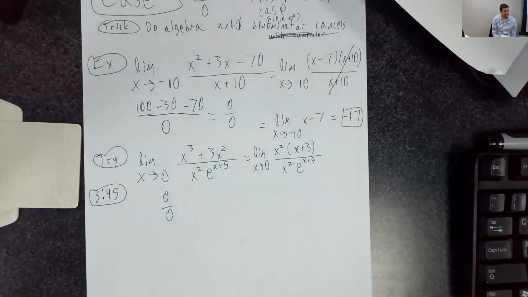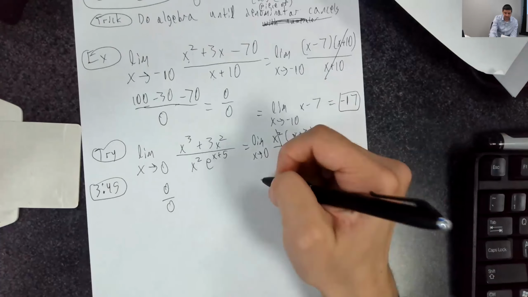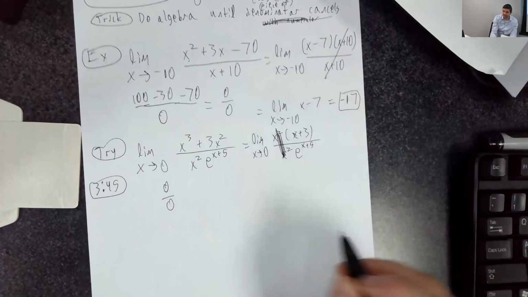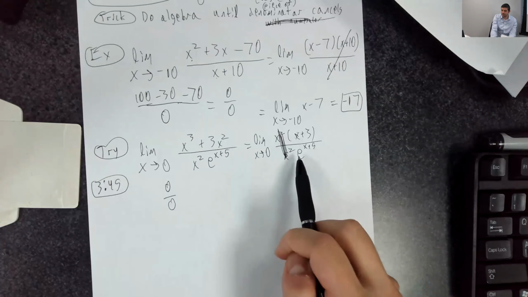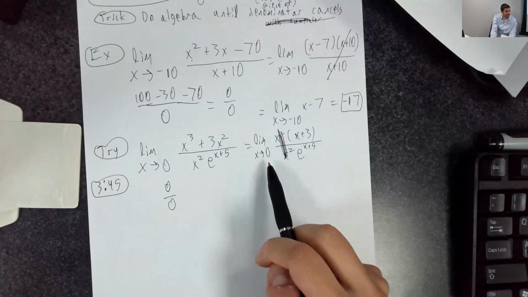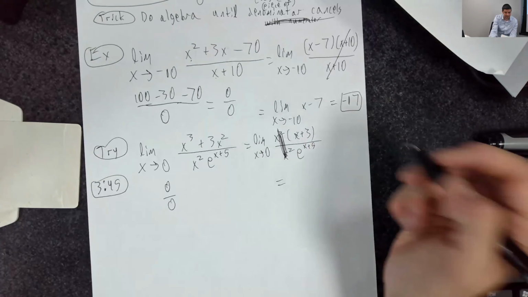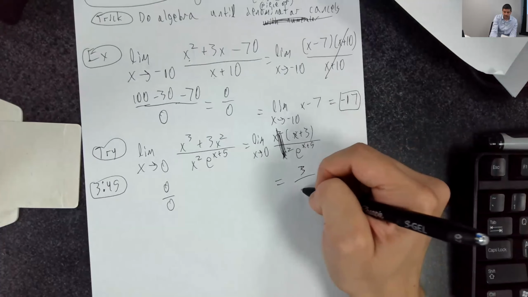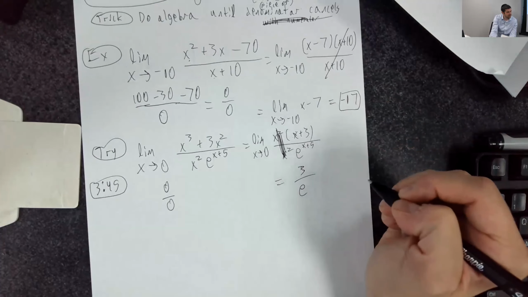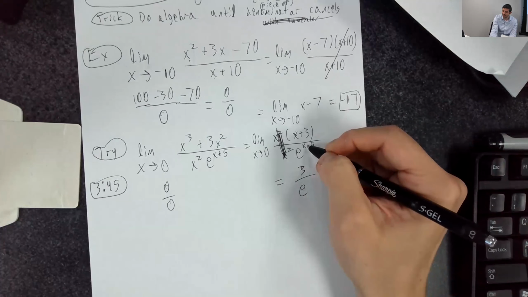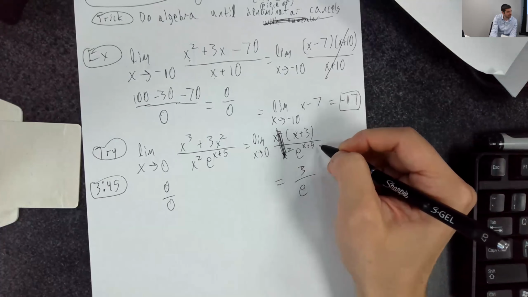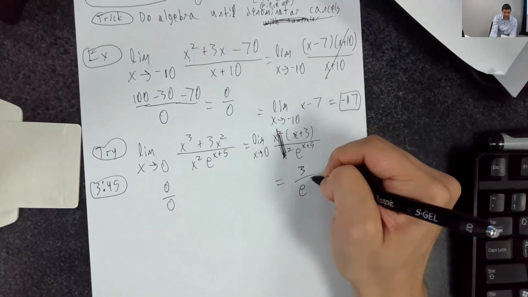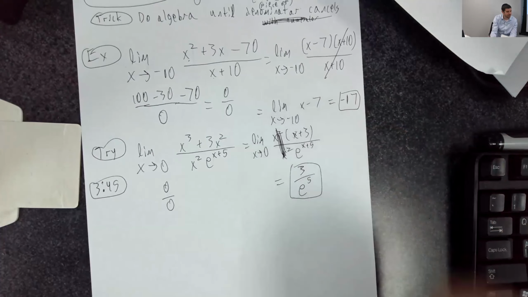What could I cancel? X squareds cancel, so all I'm left with is x plus 3 over e to the x plus 5. So I plug in 0, and what do I get? 3 over e to the 0 plus 5, which is 3 over e to the 5.